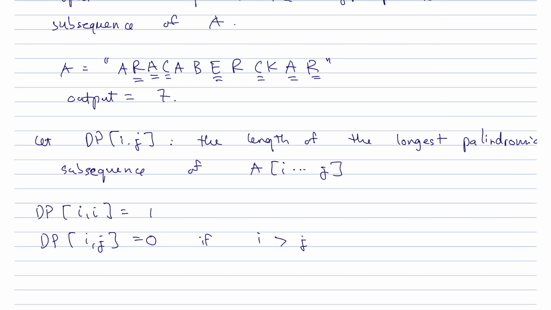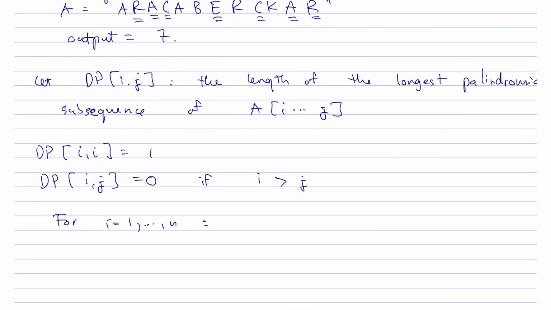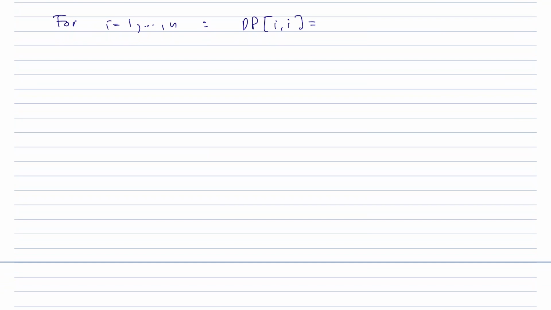Okay, so you can do the following. For i from 1 to n, dp[i][i] is 1.